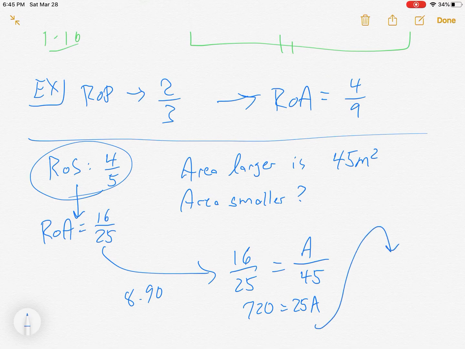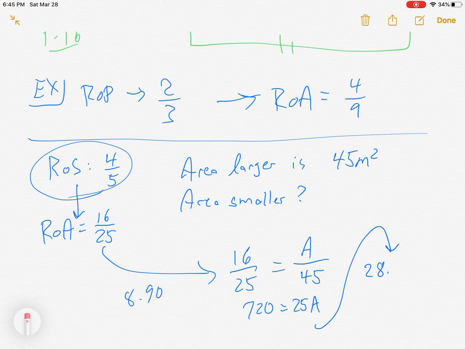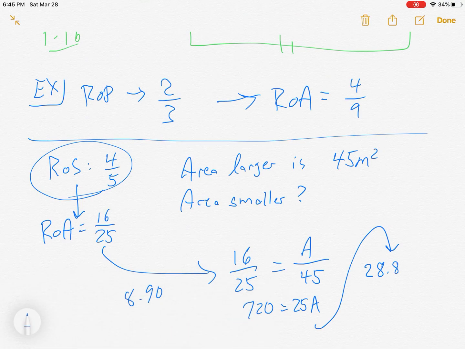How many quarters are in $7? 28. This is 28.8, I think. 28.8 is the area, and did I give any units? I did, meters squared. There we go.